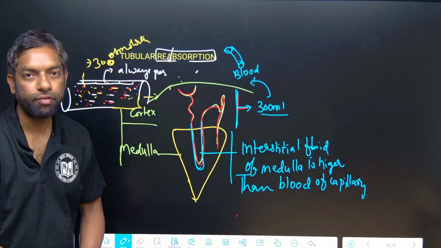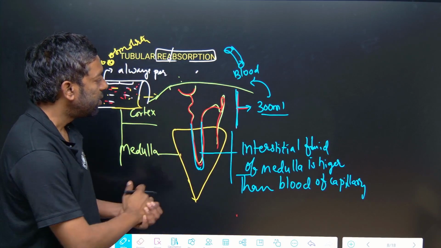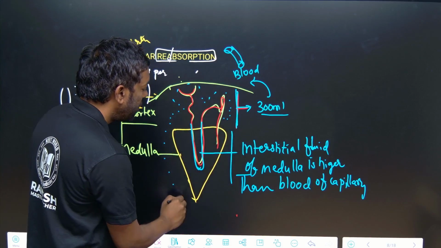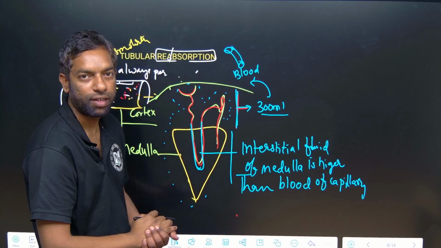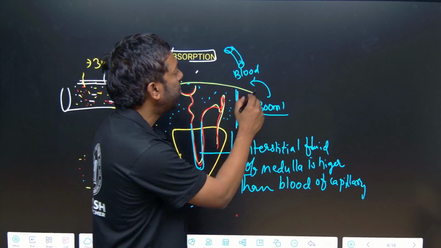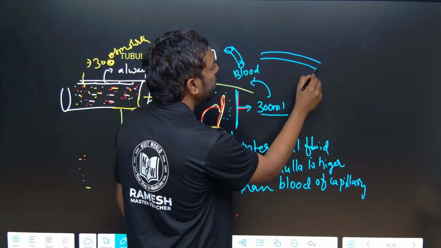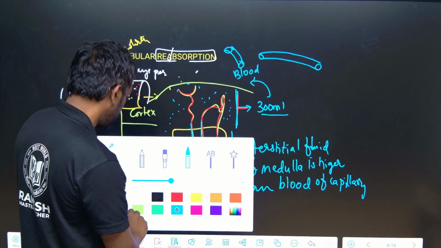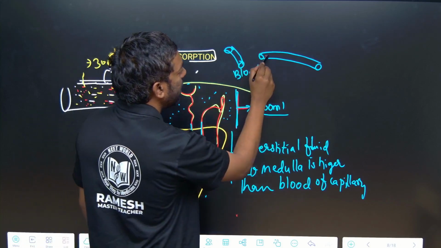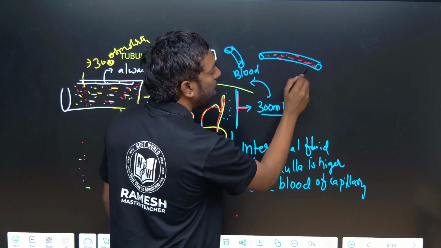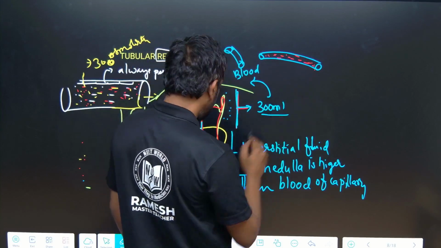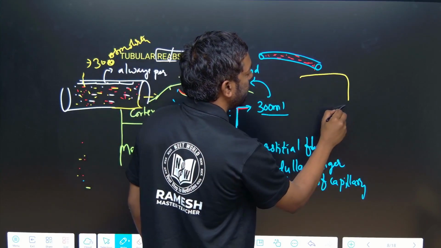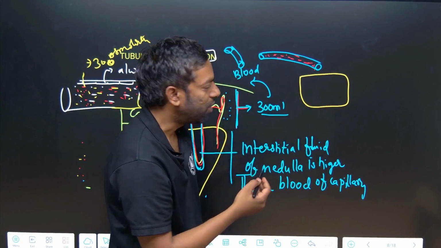Interstitial fluid is the fluid between the tissue cells in the kidney and the capillary network. I will explain clearly. This is the capillary carrying blood into an organ, such as the lungs, kidney, or liver.